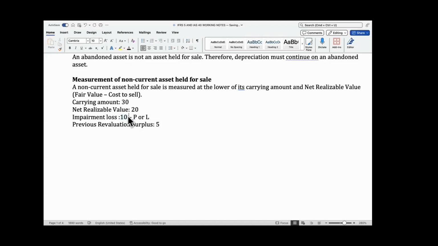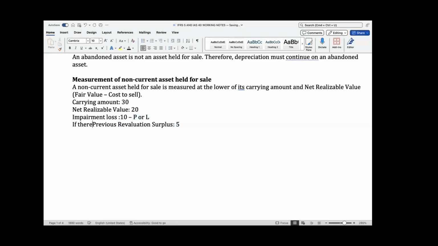You have to first net off the previous surplus in OCI. In such case, you will take 5 to OCI, which is enough to net off this surplus. It is the remaining 5 that you can then take to P&L.